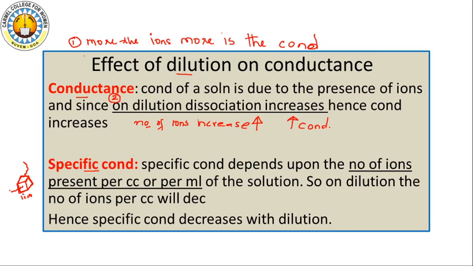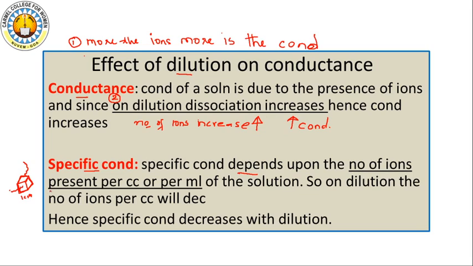Now, we have said specific conductance depends upon the number of ions which are present per centimeter cube or per ml of the solution. So if you are going to dilute this solution, what will happen per centimeter cube? If you dilute the solution which is present here, you take it out and dilute it and then you fill this box again.